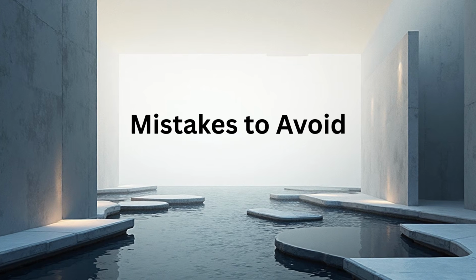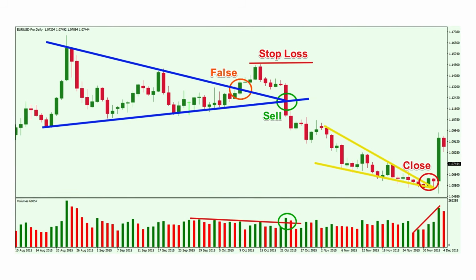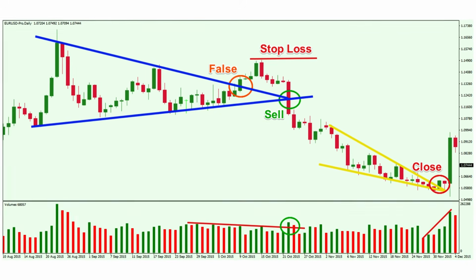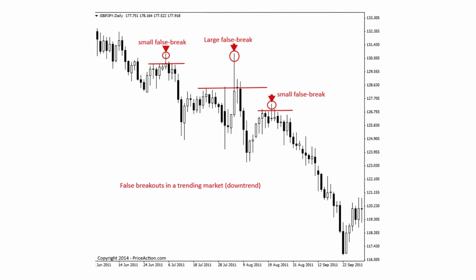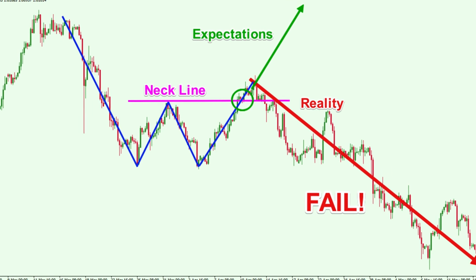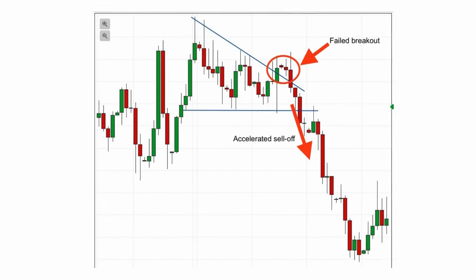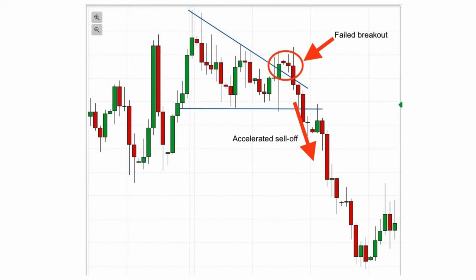Next, what are the common mistakes we should avoid during the trade? Most beginners fail at price action because they overtrade or skip confirmation signals. Don't chase trades. Wait for price to come to your zone and always journal your trades.